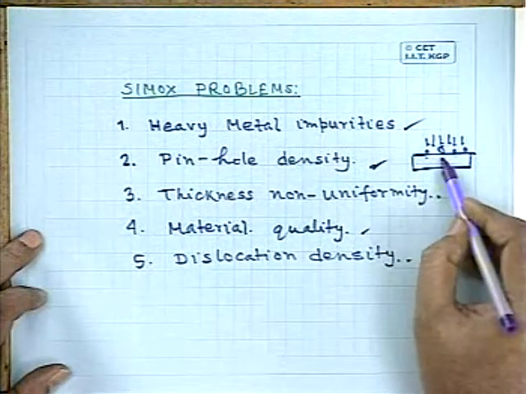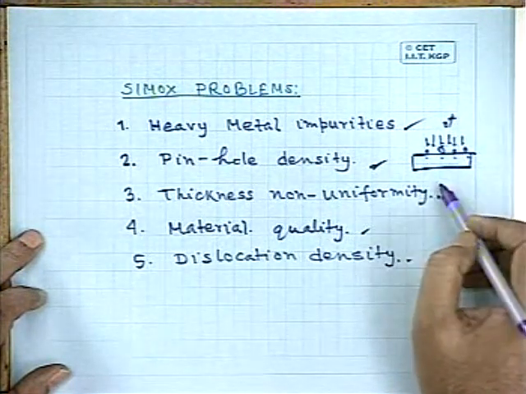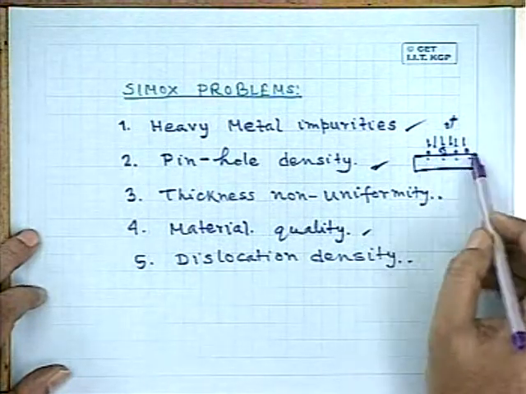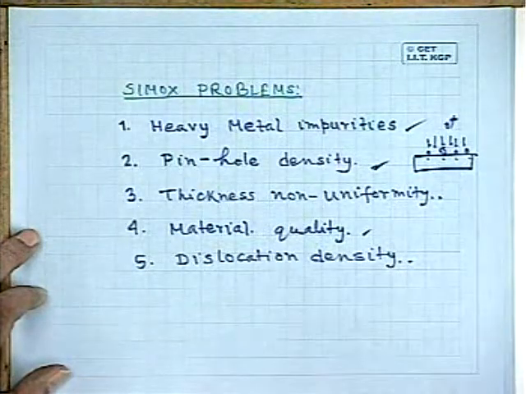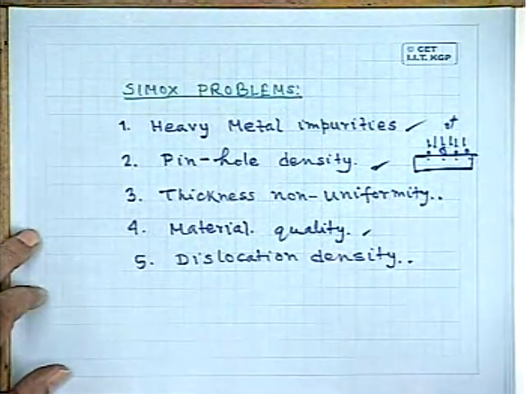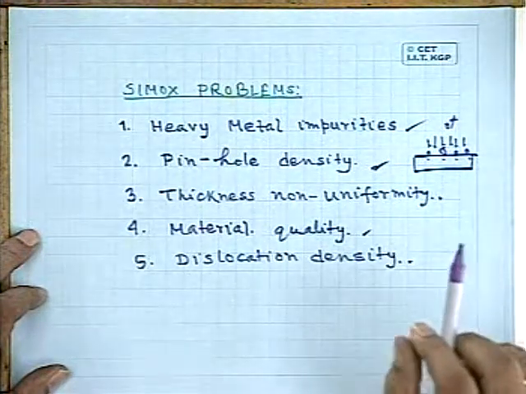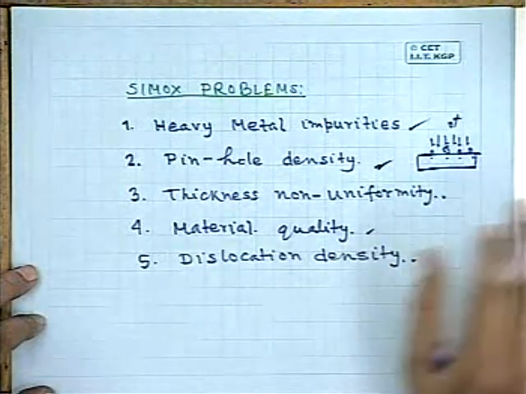So this portion will prevent oxygen, isn't it? That means after the anneal, if you clean it, those portions will be free of the oxide, so some pinholes will be formed. That is coming because of the particle contamination. So you can remove that by proper cleaning.